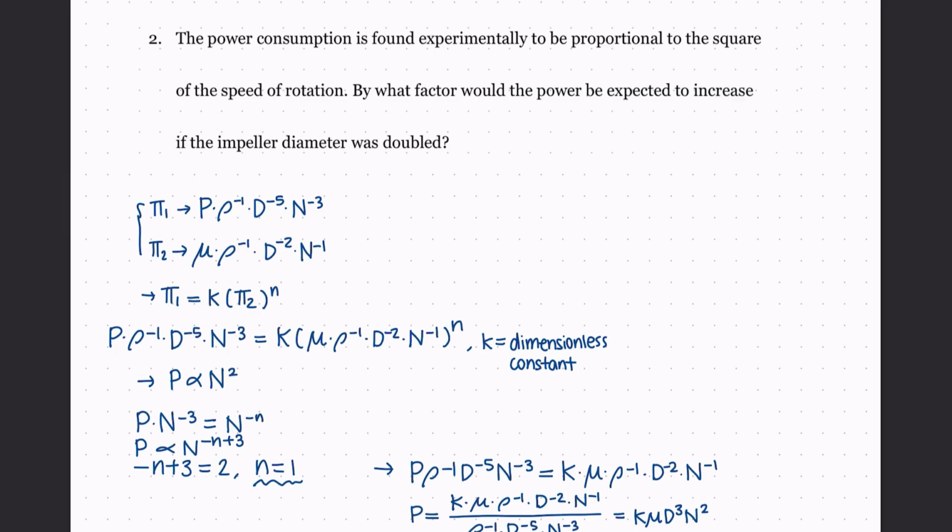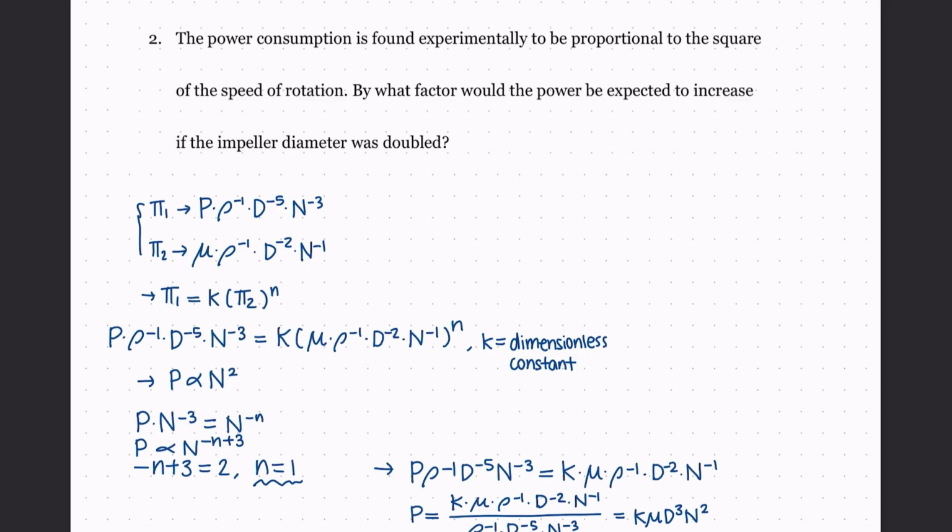We can substitute each pi group into this equation and end up having p times rho to the negative 1 times d to the negative 5 times n to the negative 3 equals k times mu times rho to the negative 1 times d to the negative 2 times n to the negative 1, all to the n.